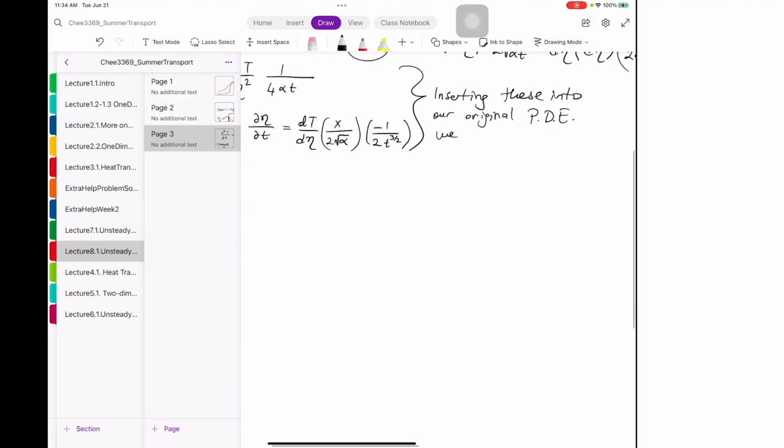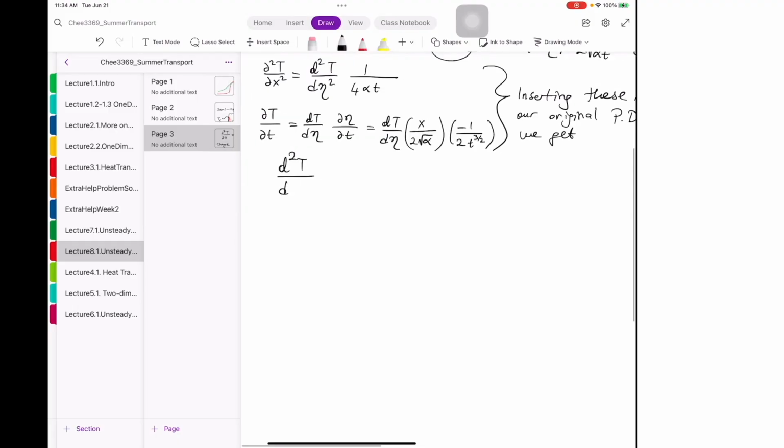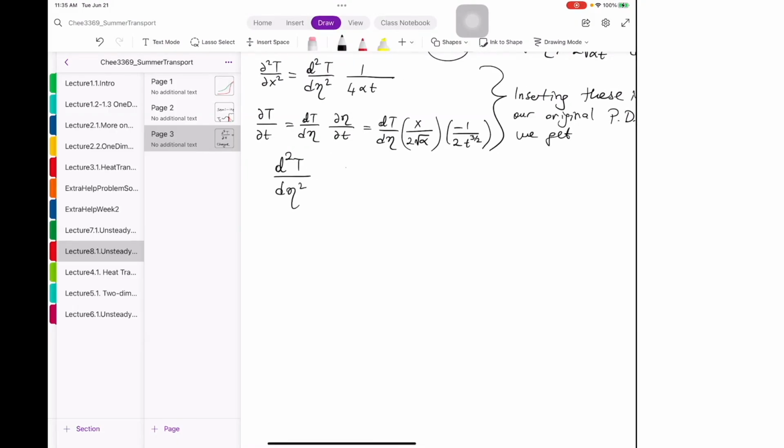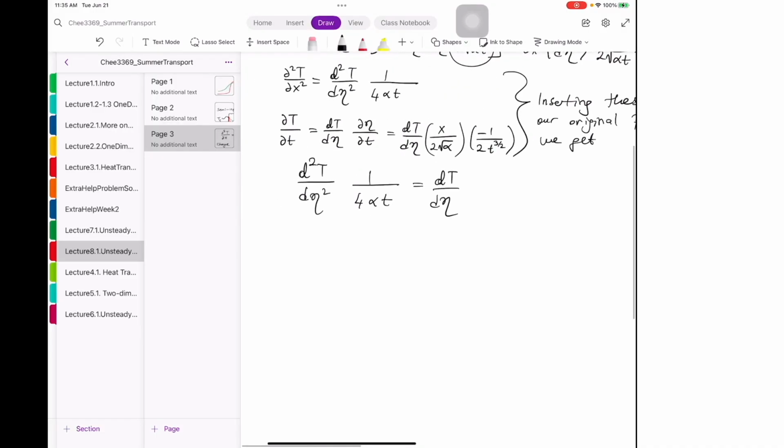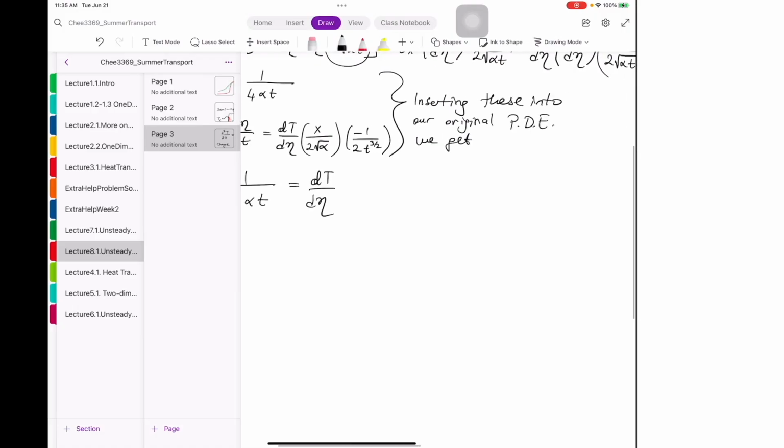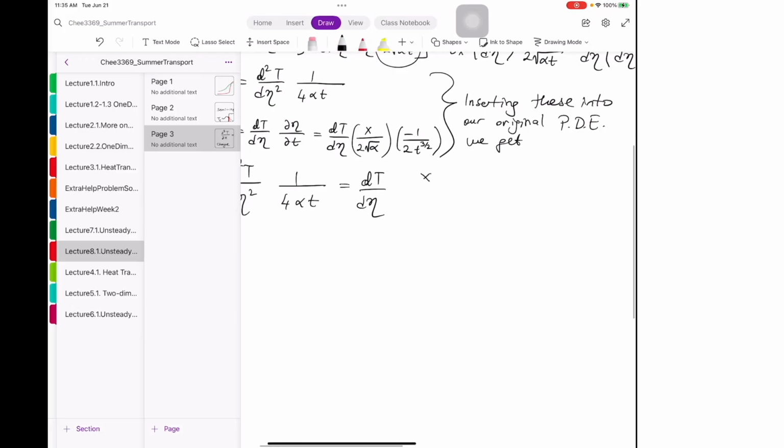We get eta squared 1 over 4 alpha t is equal to dT over d eta, and we get x, so minus x over 4 square root of alpha.